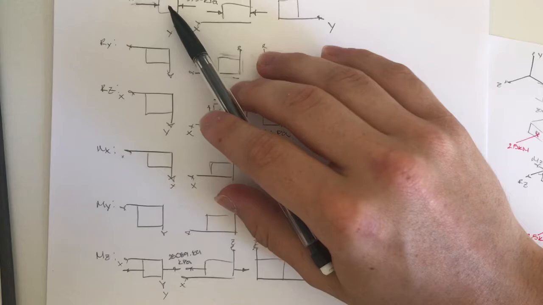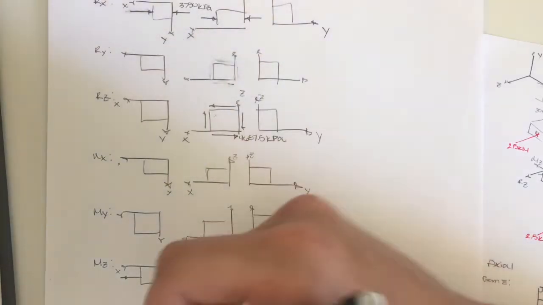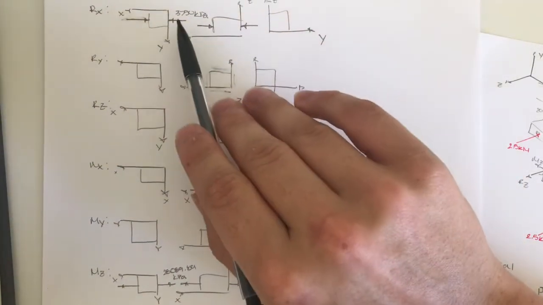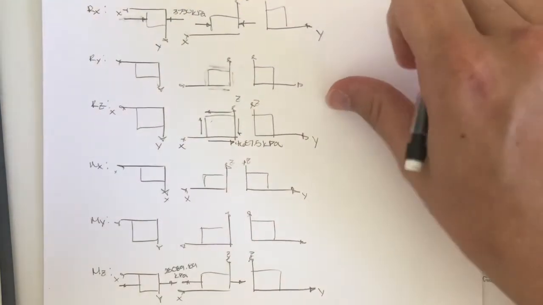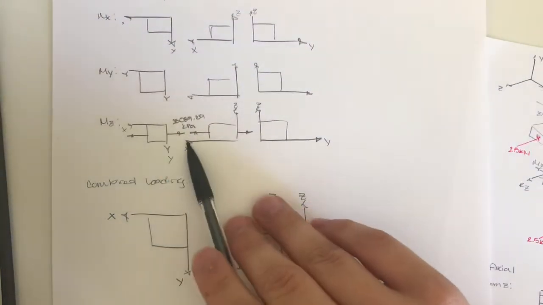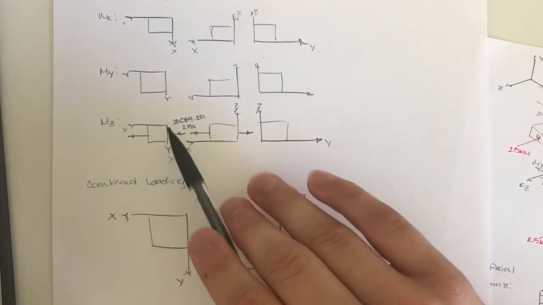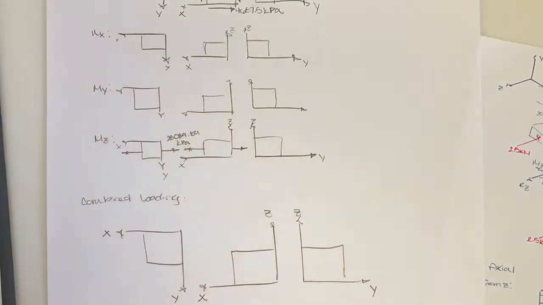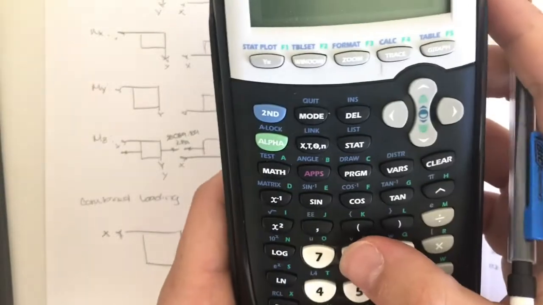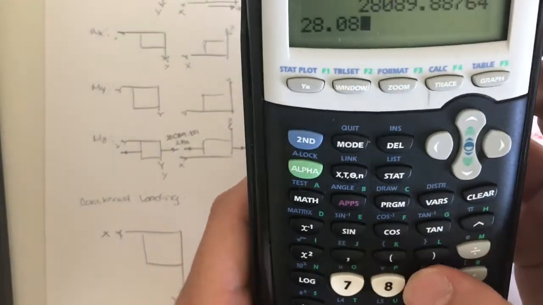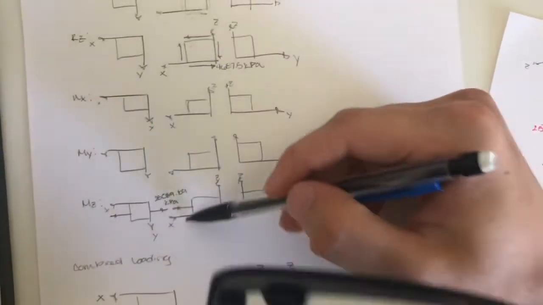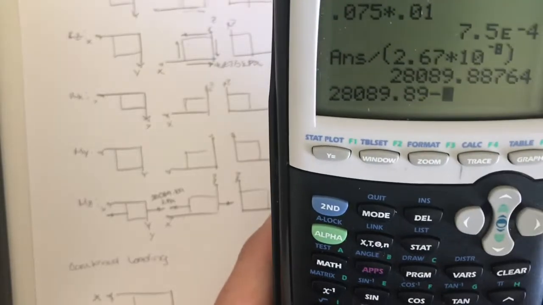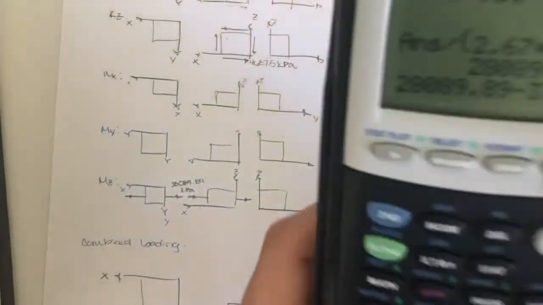So for the X direction, let's say we have a compressive force of 3,750 and another force right here in tension of 28,089.89. So I'm going to subtract this compressive force by the tensile force, or stress, sorry.